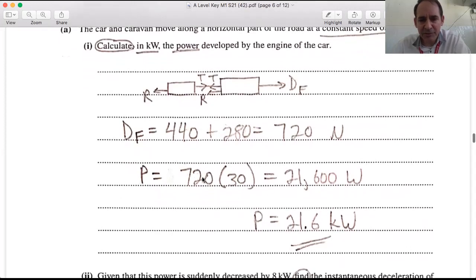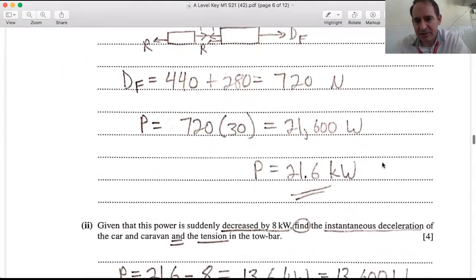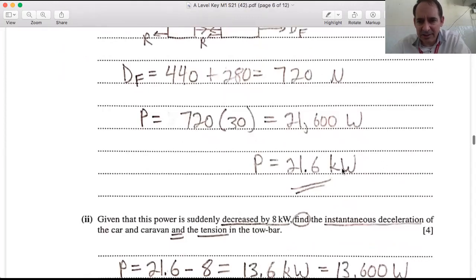So power is force times velocity. The force we just figured out was 720. The velocity was given at 30, and you get 21,600 watts. Convert it to kilowatts, 21.6 kilowatts for the power of the engine.